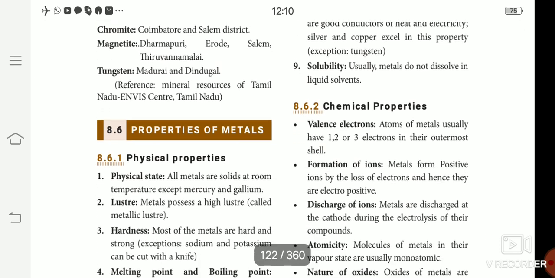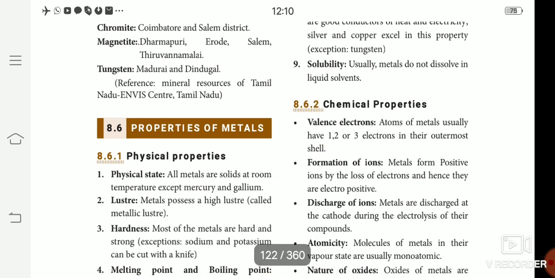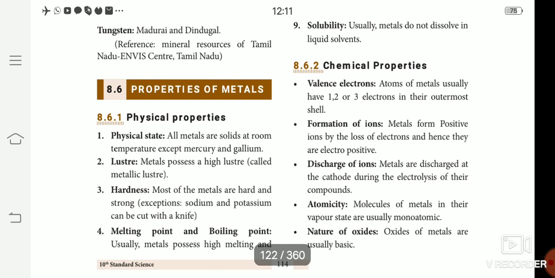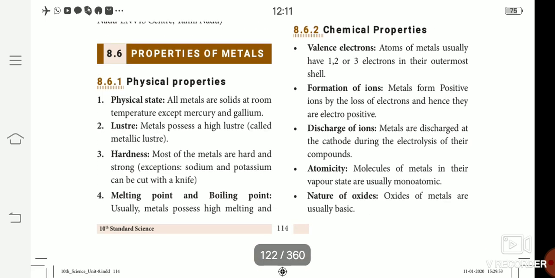So the next one is the chemical properties. In the chemical properties, the first point is valence electron, then formation of ion, discharge of ion, atomicity and nature of oxide. The first one, valence electron.